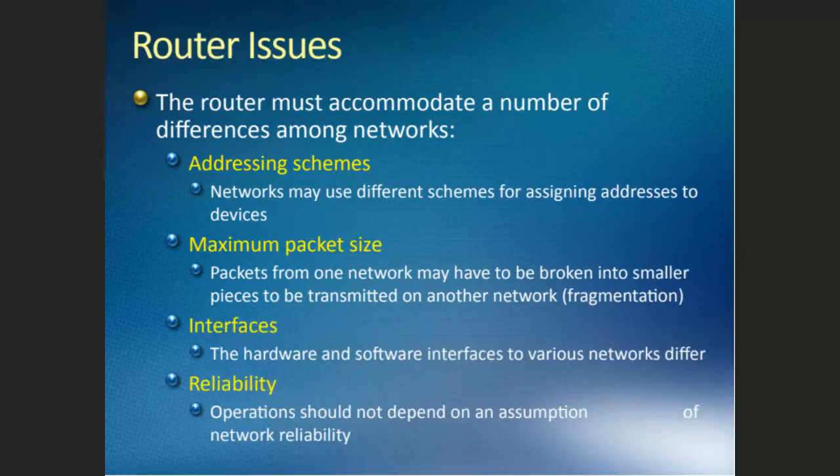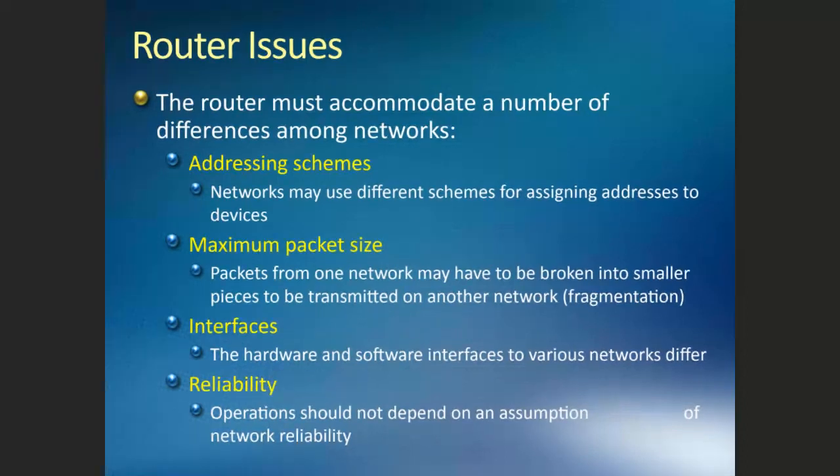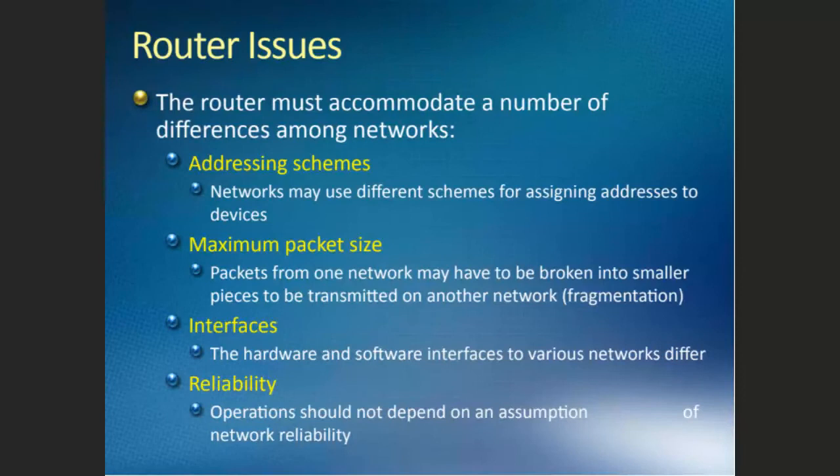If there's a packet that's too big, it can divide it into smaller packets. It's called fragmentation. Segmenting in the transport layer, here we call it fragmentation. This one, maximum packet size.